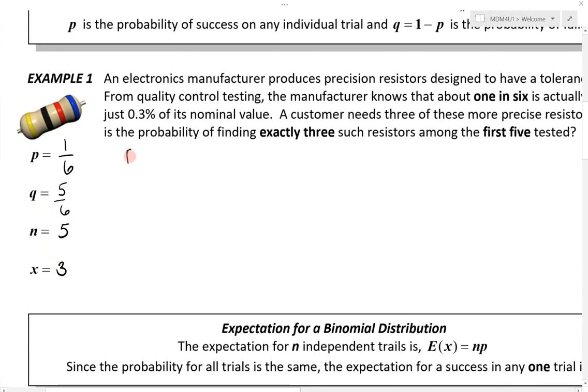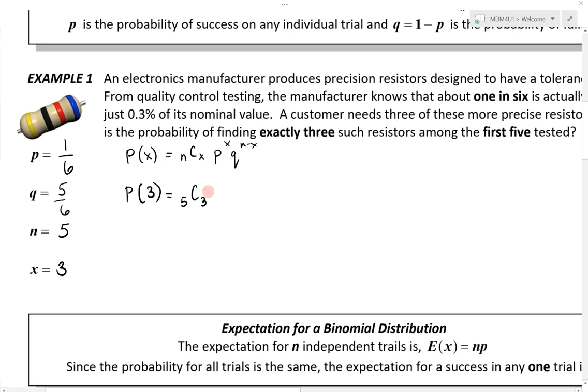So if I'm going to find that probability, this is the formula given to us: n choose x times the probability of success raised to the power of x times the probability of failure to the power of n minus x. We're interested in finding the probability of exactly 3 successes, which is equal to 5 choose 3, because we're trying to find 3 successful tests out of 5 tests.